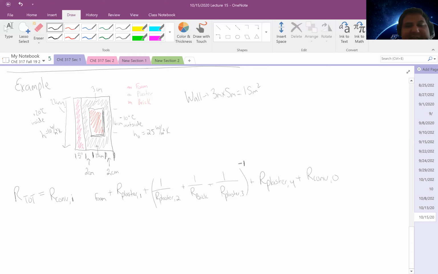So this subsection is only 22 centimeters in height, length, whatever you want to use. And so we're only looking at a small subsection of this wall. The best way to identify the total heat transfer is to identify the area of this subsection and go from there.